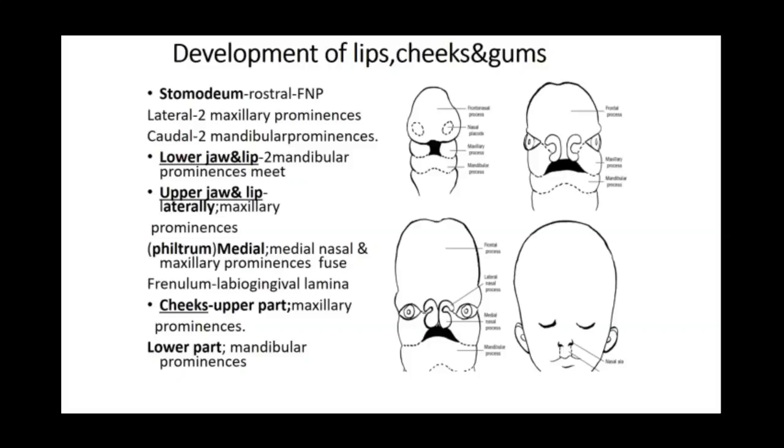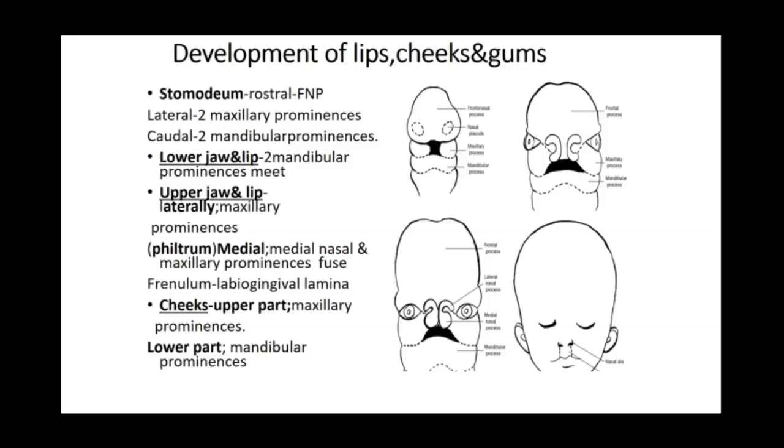Mandible, cheeks, upper part, maxillary prominences. Basically, cheeks are formed by that. So you have the mandibular processes fuse to form the lower jaw and the lower lip. Very simple. Upper jaw and upper lip is by the maxillary prominences, and the philtrum, that is the central portion just below your nose, the medial nasal prominences form the medial aspect, and slightly lateral to it is contributed by the maxillary process.